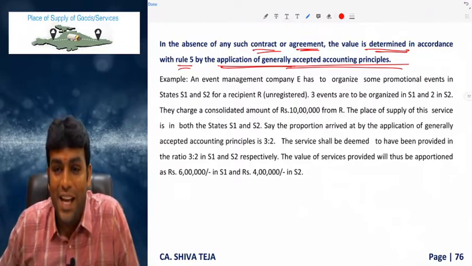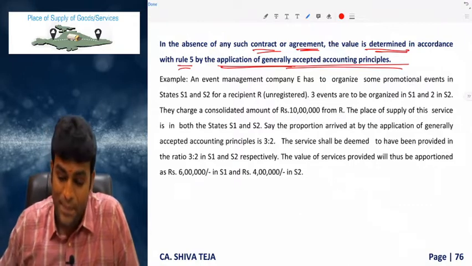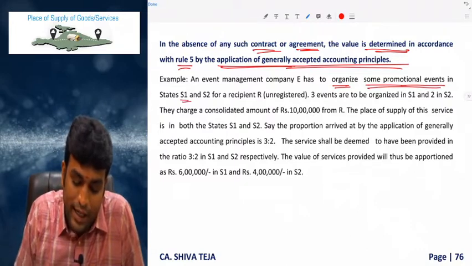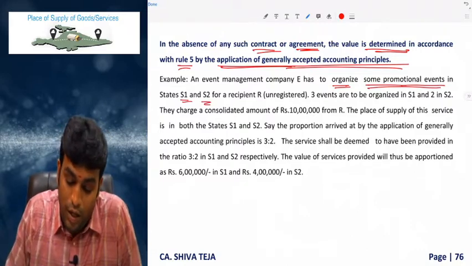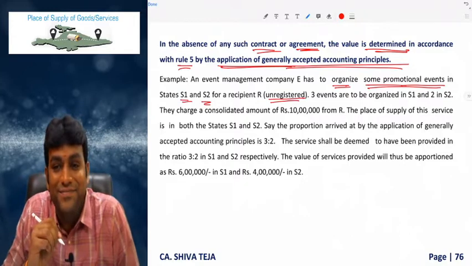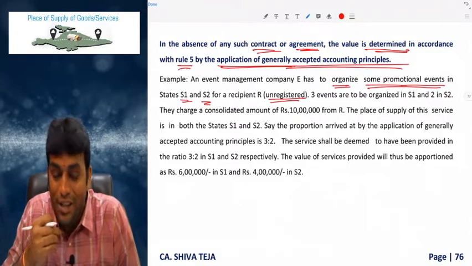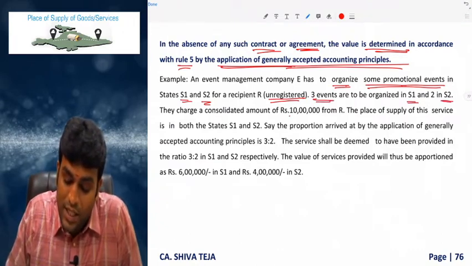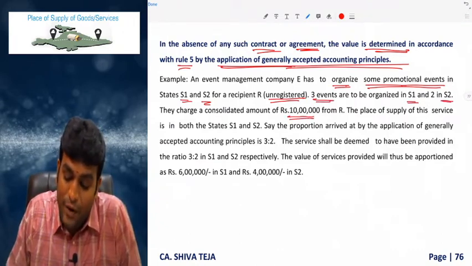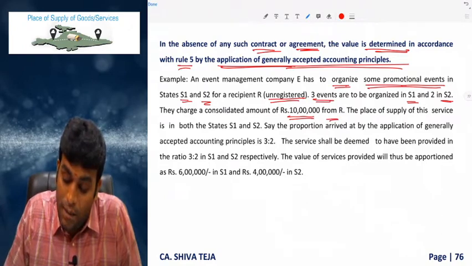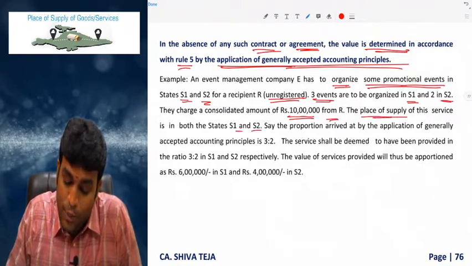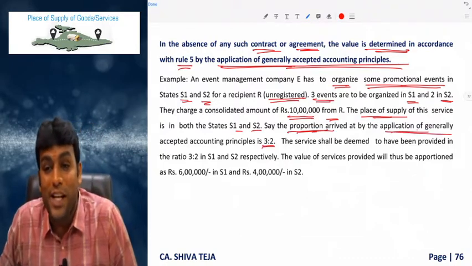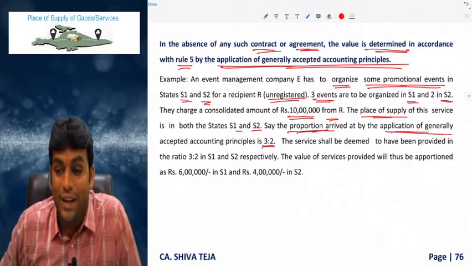Now see one example. An event management company E has to organize some promotional events in states S1 and S2. The recipient R is unregistered. If registered, there is no discussion at all. 3 events are to be organized in S1 and 2 events in S2. They charge a consolidated amount of 10 lakhs from R. Place of supply is S1 and S2, and the proportion arrived at by applying GAP is 3:2, because 3 events are to be organized in S1 and 2 events in S2.